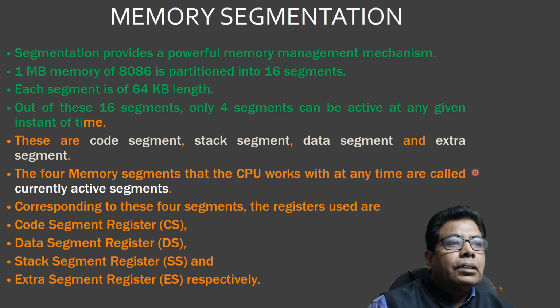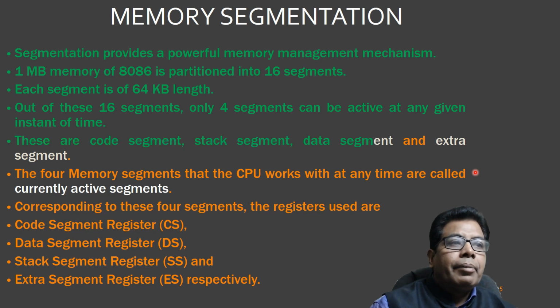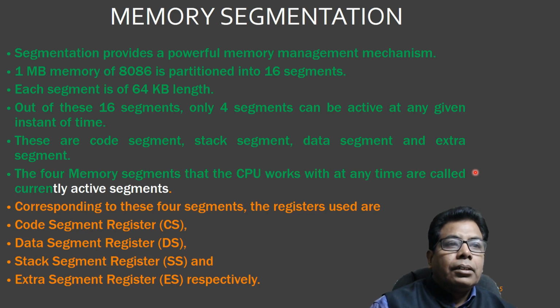Out of these 16 segments, only 4 segments can be active at any given instant of time. These are code segment, stack segment, data segment and extra segment. These 4 segments that CPU works with at any time are called currently active segments.